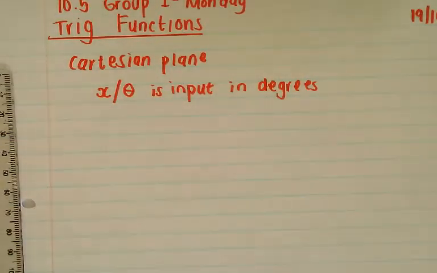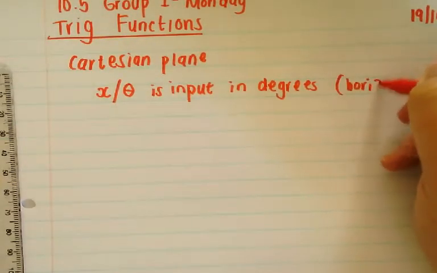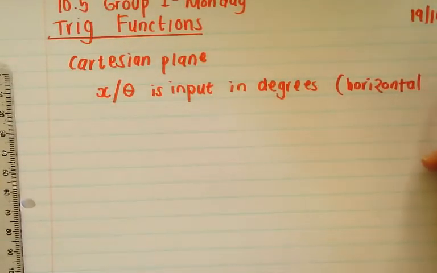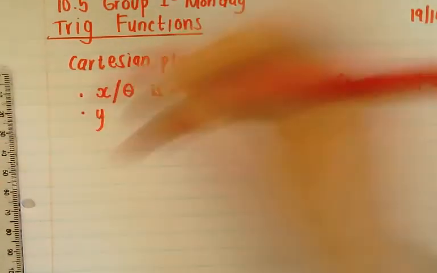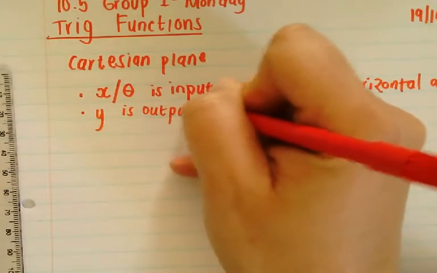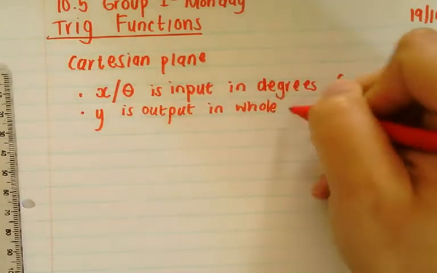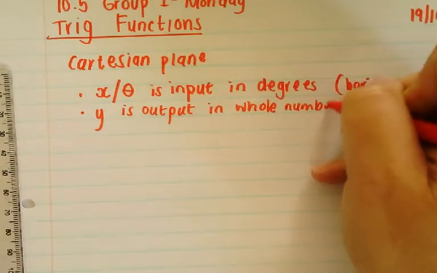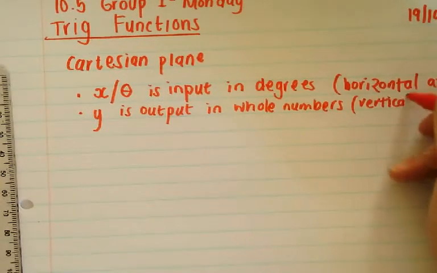And that is my horizontal axis. And then my y is my output in whole numbers. And that is my vertical axis.